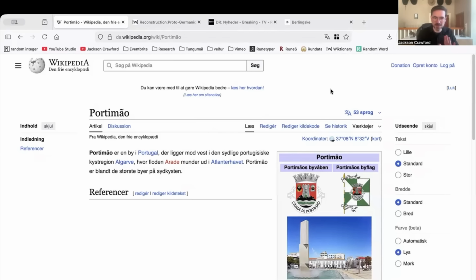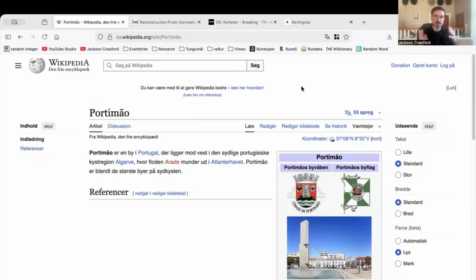Now, let's talk about resources. And for this, I'm going to use a Danish Wikipedia article. The random article that I pulled up in Danish is actually a city in Portugal. But I recommend that if you are trying to learn to read another language better, one of the best things you can do is focus on getting your information and your entertainment in that language.